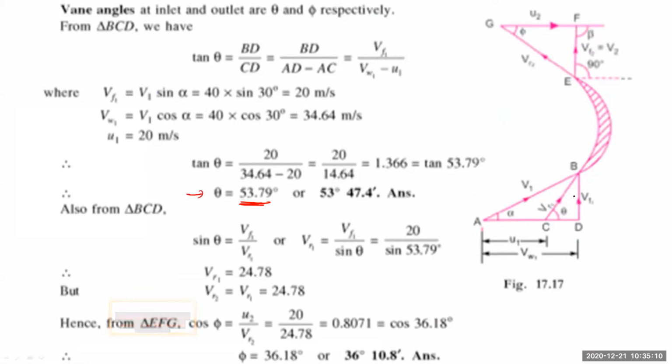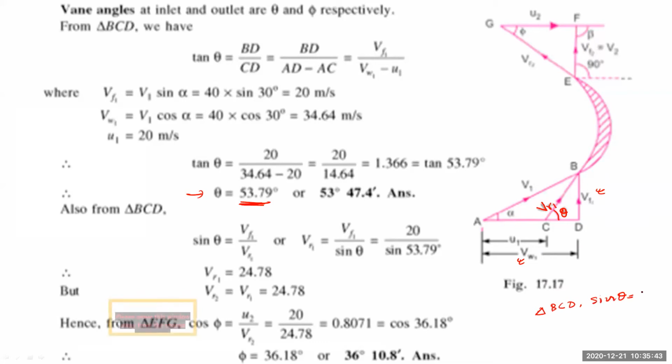On the inlet side, again I am staying on the inlet side only. We have calculated VF1 and VW1. What is remaining is only VR1. Now we know the value of theta also. So in triangle BCD, what is sine theta?